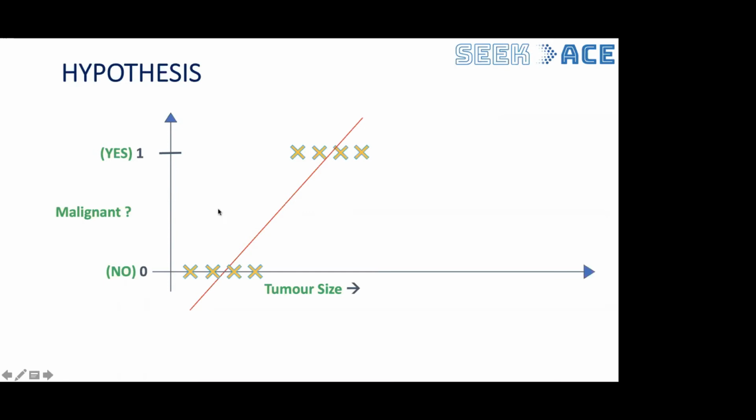Let's say if this value is above 0.5, we say the tumor is malignant, and if it is below 0.5, the tumor is non-malignant. This is our decision boundary. If the tumor size is bigger than a certain size, then it is malignant. So this linear line tells us very well here.